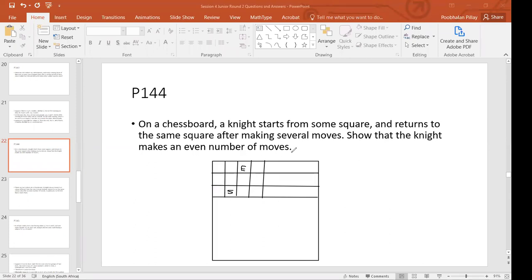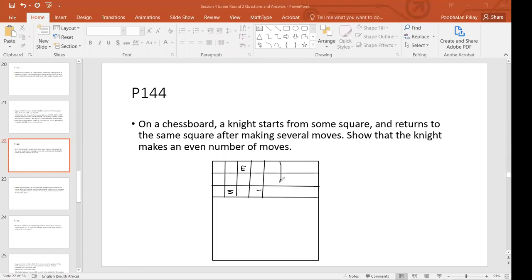So it starts from some square. So, okay, suppose he starts from the square here. Right. Now, he goes all over and he returns to the same square. He goes on a nice travel. From here now, he goes to this maybe.